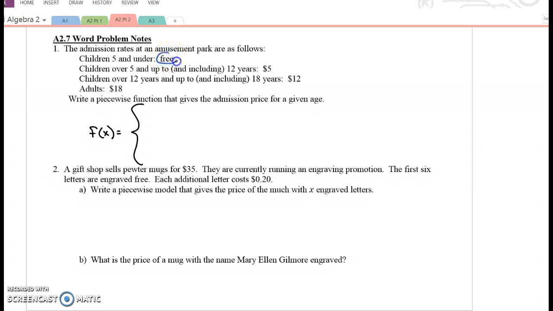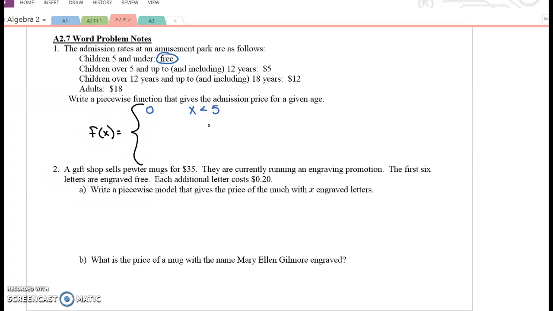What numerical value would you give to the word free? How much would you pay to get in? 0. So we pay 0 when x, our age, is under 5.